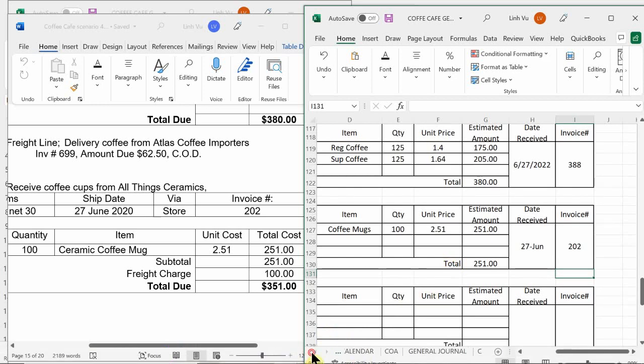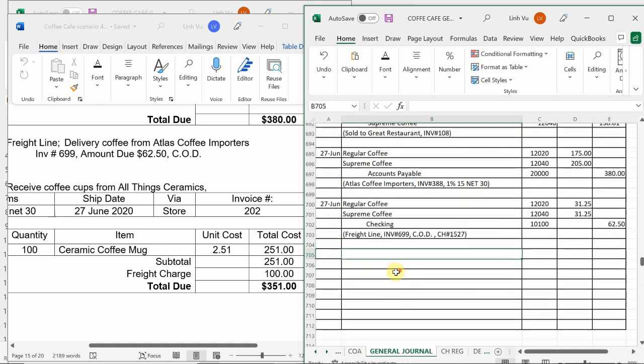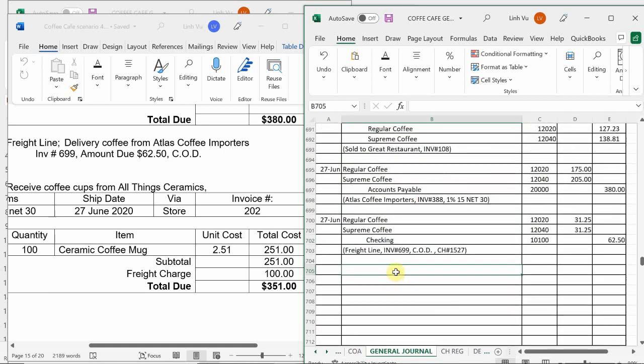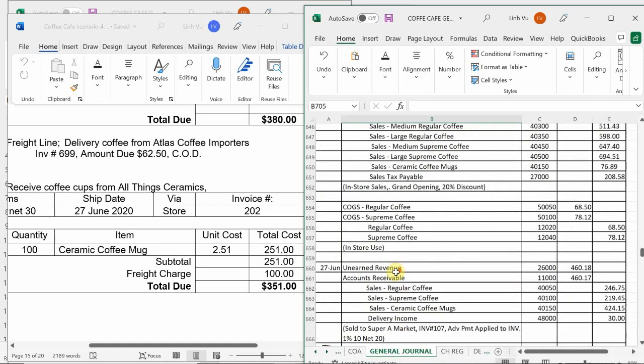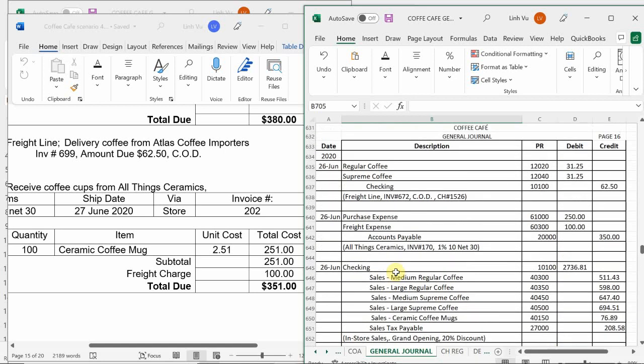So going back to my journal, we end up receiving periodic inventory. So we just recently recorded that as well. Here it is: purchase expense, freight expense, and of course, we're going to choose to pay later.